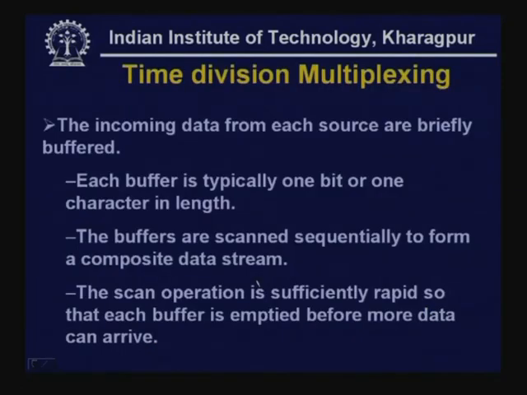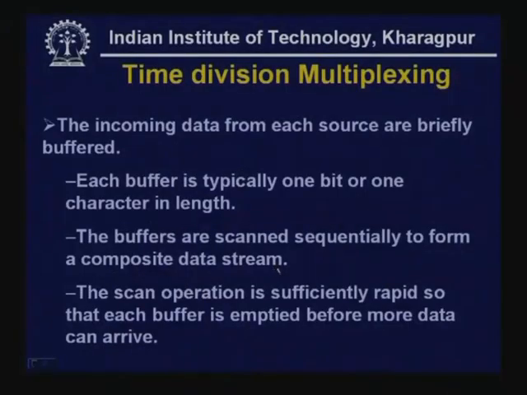So, here the incoming data from each source are briefly buffered, and each buffer is typically 1 bit or 1 character in length. So, first the signal is received, then the signals are buffered before doing the multiplexing.